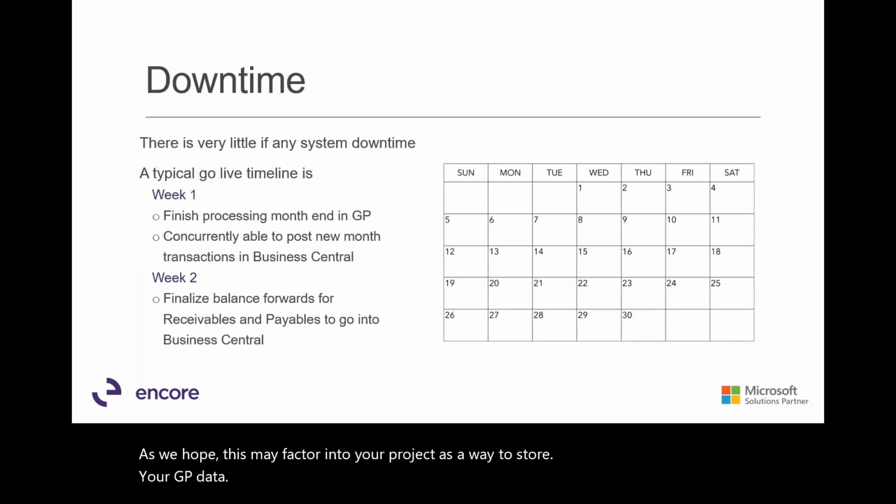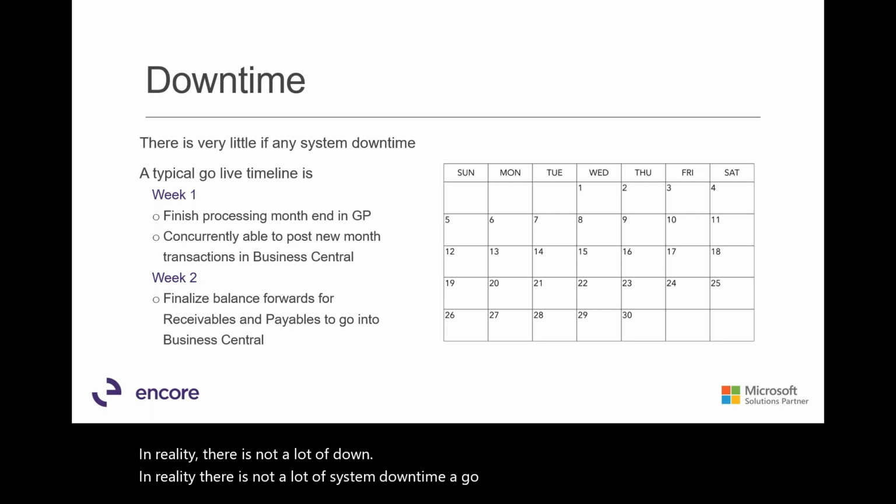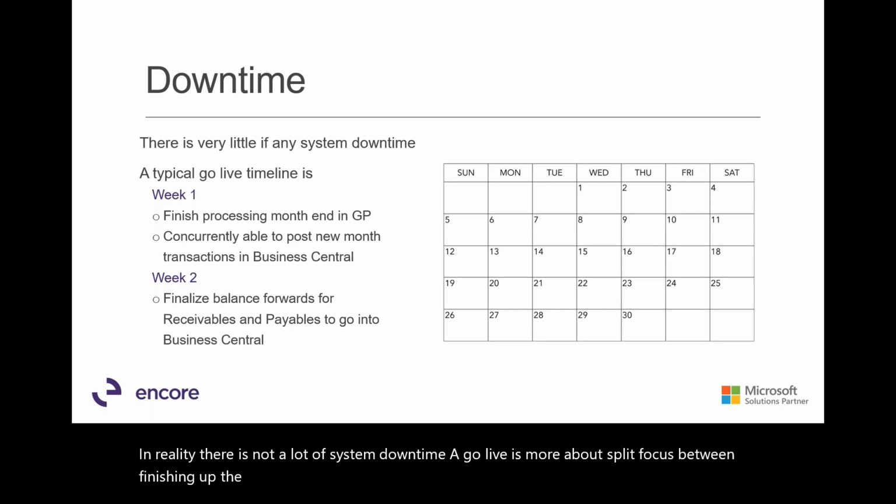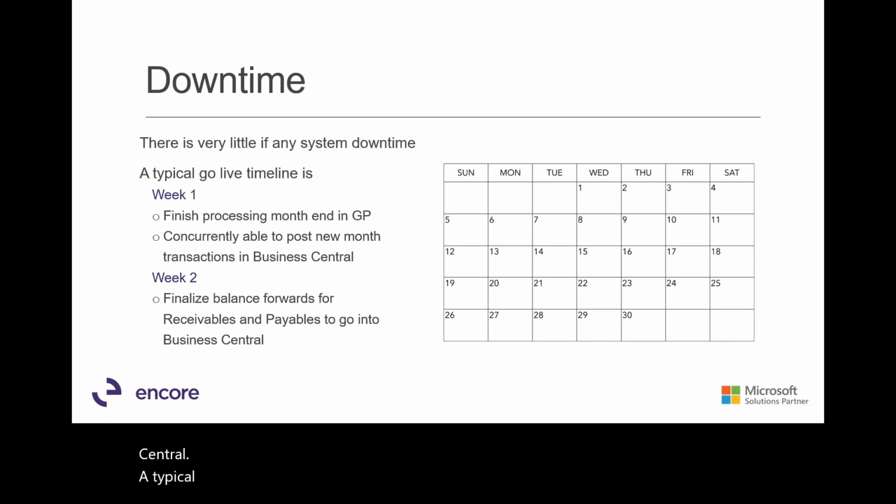Another question that comes up often is downtime. In reality, there is not a lot of system downtime. A go live is more about split focus between finishing up the closing month activity in GP and starting new month activity in Business Central. A typical go live timeline, your first week is geared towards finish processing month end in GP.